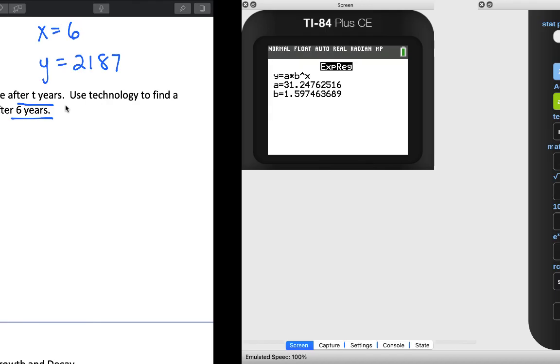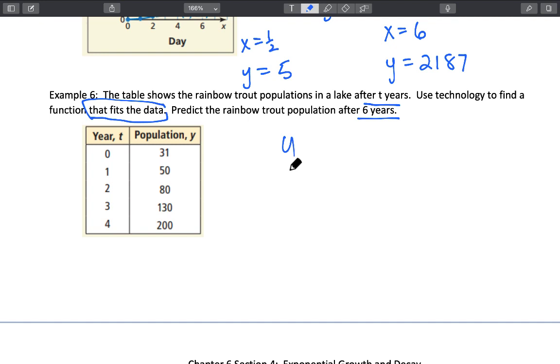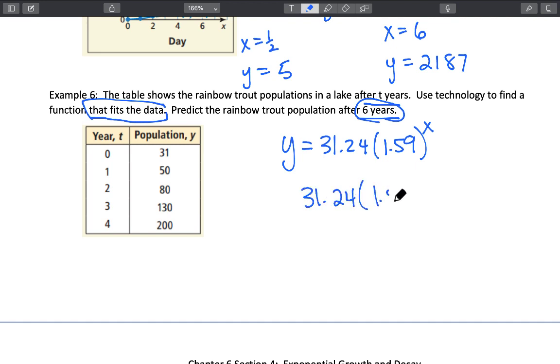All right, so let's go back to our page here. We got our model, which is y is equal to 31.24 times 1.59 to the x. Next up, we want to find out what our population estimate will be here after 6 years. So that's evaluating this model for an x value of 6.